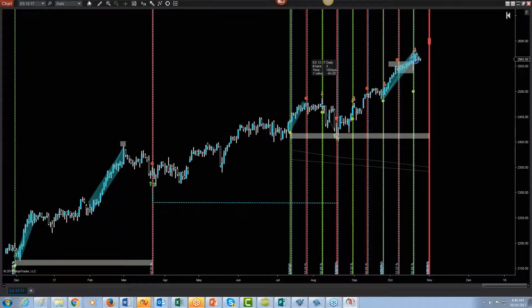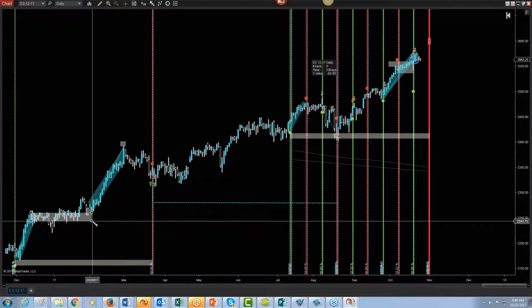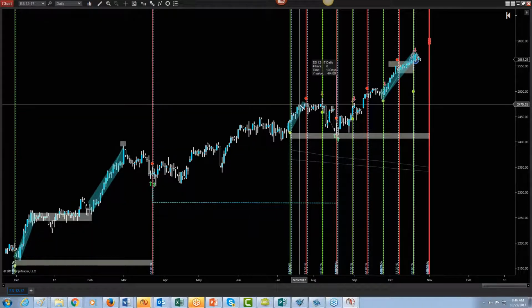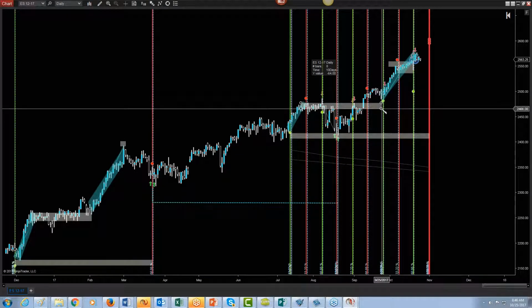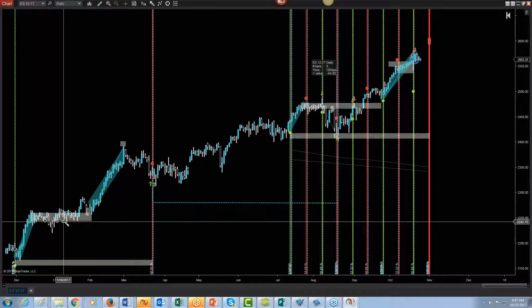Followed by consolidation. Here's the consolidation. And then, Tim, there's actually a small dip right here.